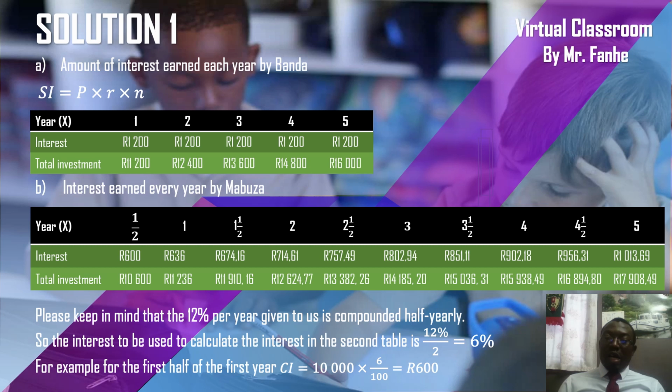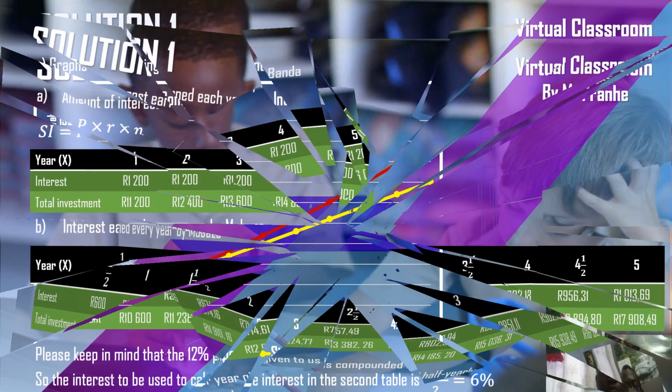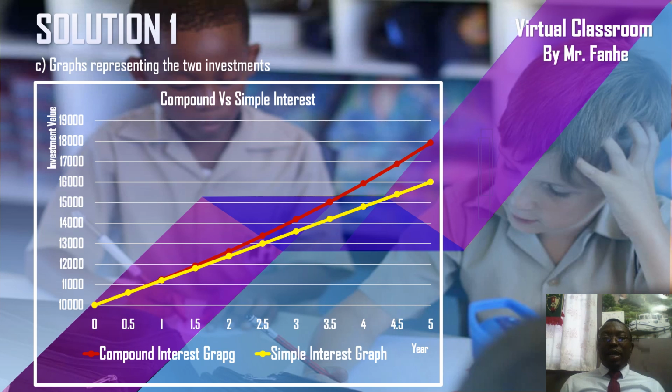Then now we are going to plot this on the same set of axes to see the difference between the two. Our graphs, guys: you can see the yellow represents simple interest. You can see it is a straight line graph.